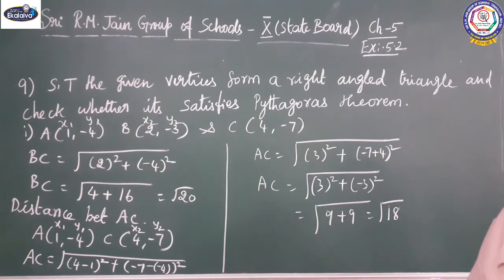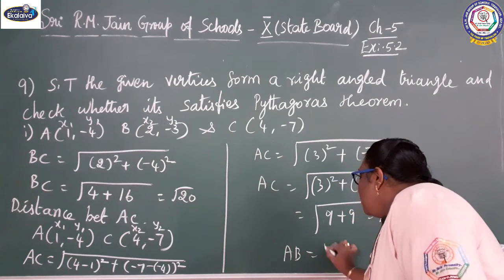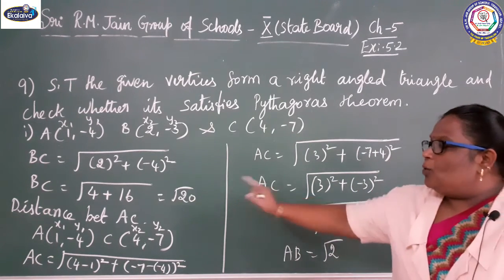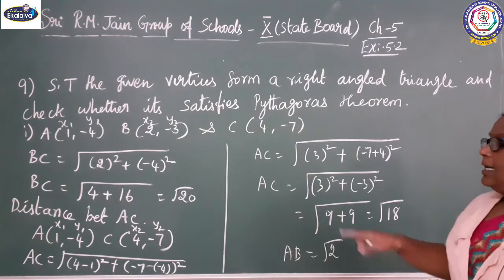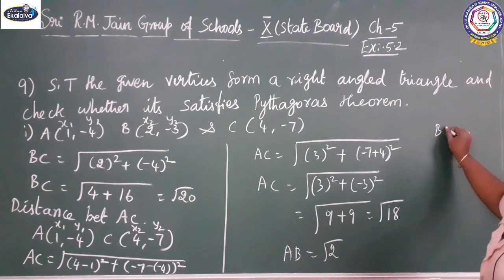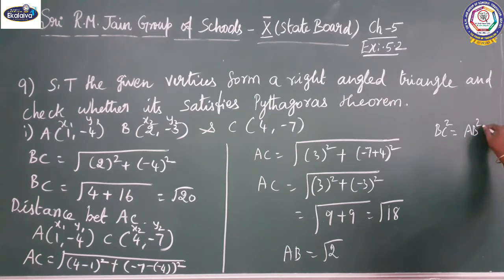See, what is the Pythagoras theorem? AB equals root 2, BC equals root 20 and AC equals root 18. See here, BC square equals AB square plus AC square.